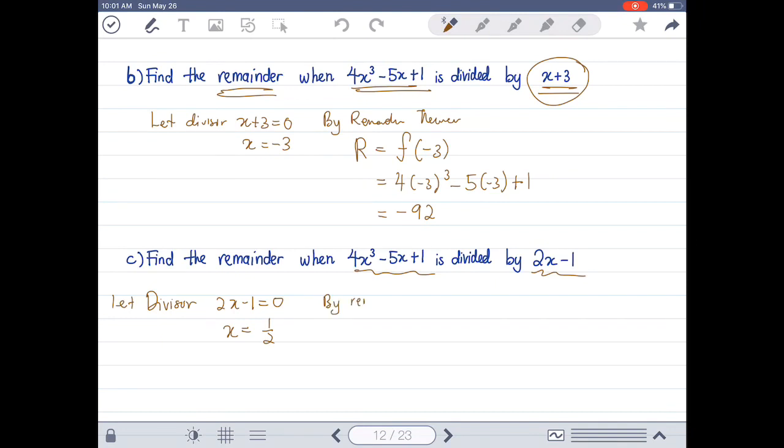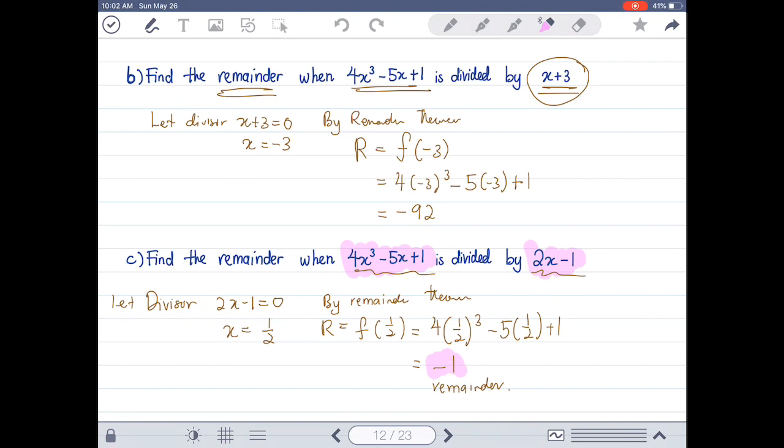By the remainder theorem, r is just equal to f(1 over 2), which is just equal to 4 times (1 over 2) cubed minus 5 times 1 over 2 plus 1. Final answer should be negative 1. So the remainder is negative 1. When we divide 4x to the power of 3 minus 5x plus 1 by 2x minus 1, we will get the remainder negative 1.